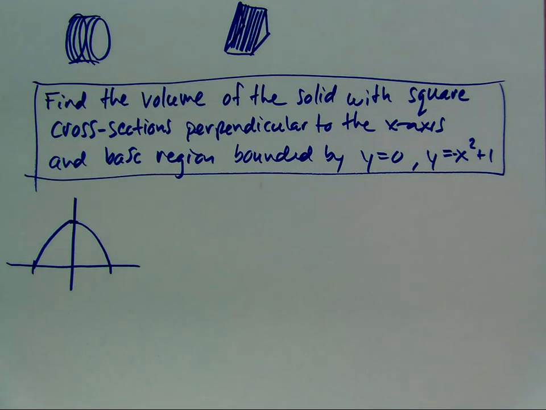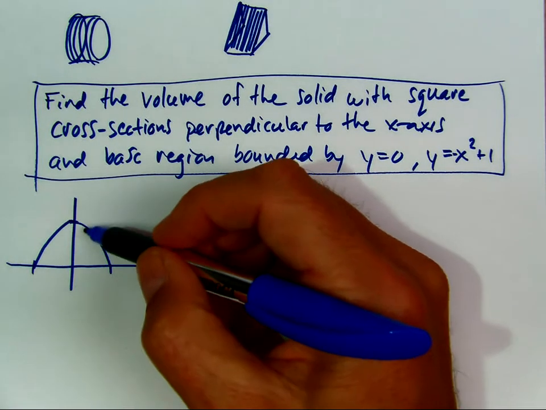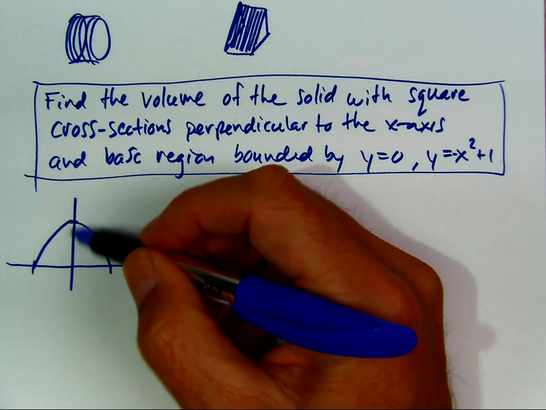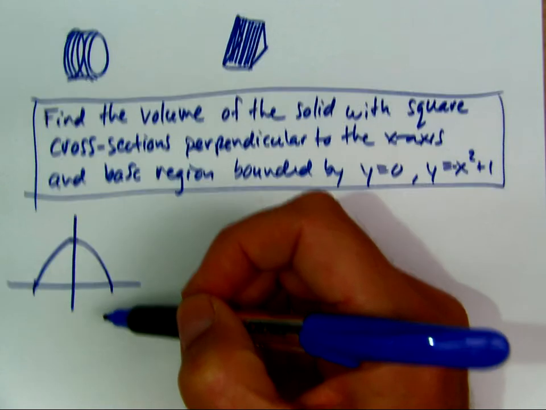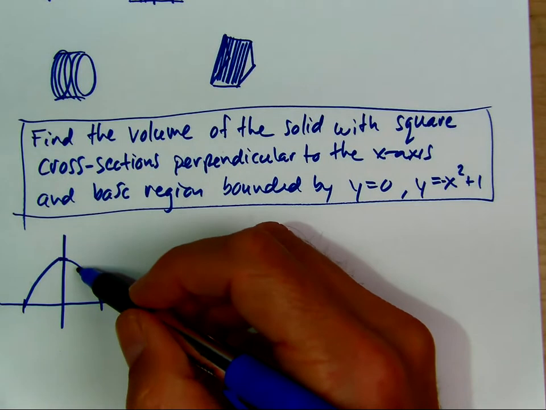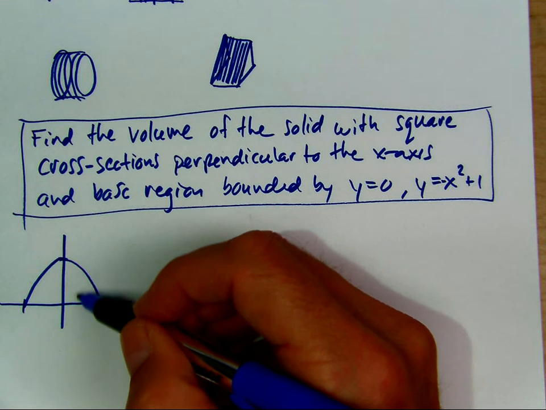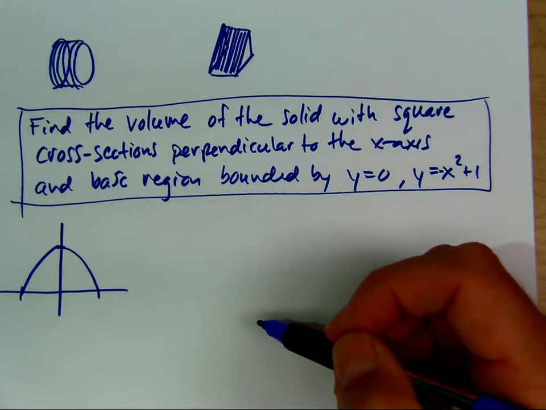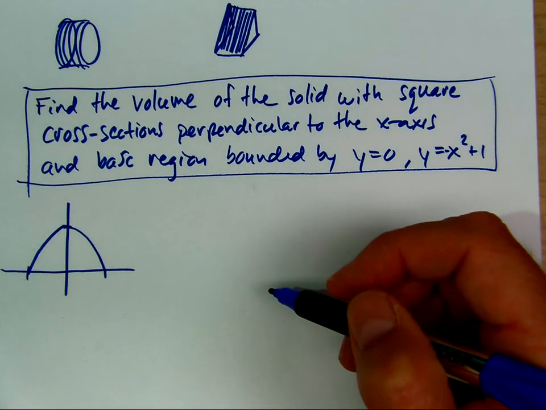So the cross sections are going to be stacked coming out of the page. If we took this square and fit it into this region, that's how the cross sections will be oriented.